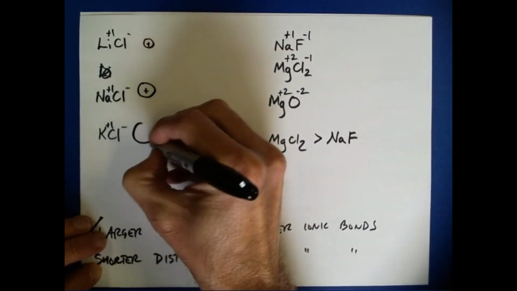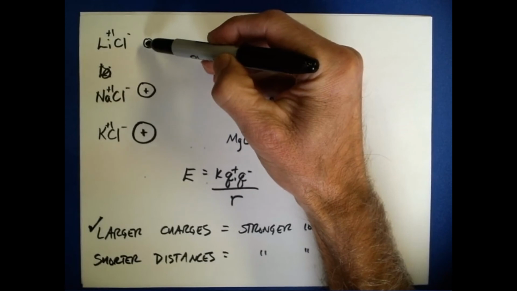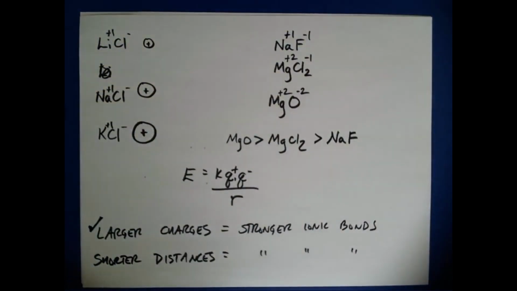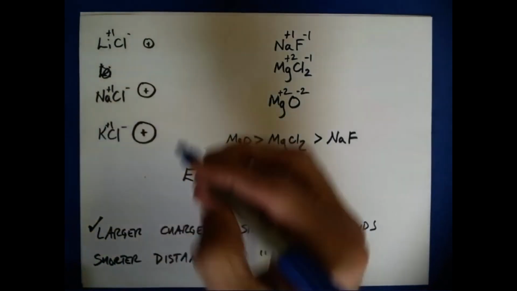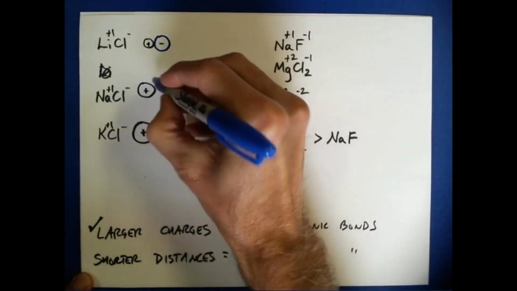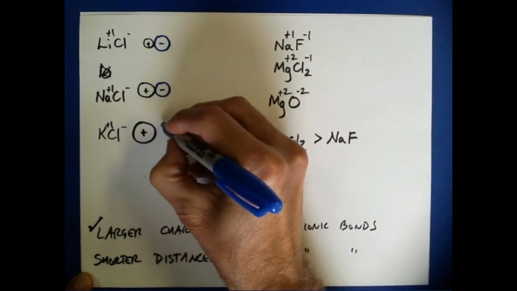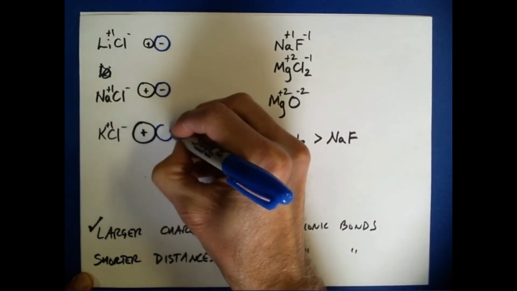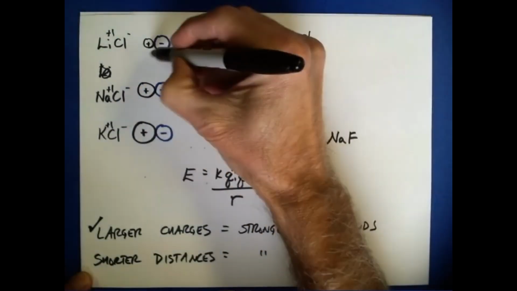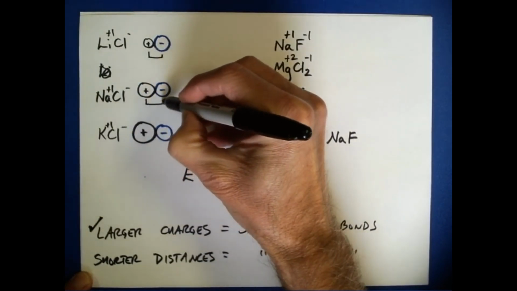So what I'm doing here is I'm drawing the relative sizes between a lithium cation, a sodium cation, and a potassium cation. And in all these cases, your chloride ions, that's going to be about the same size. So I'm going to try to draw an anion here that's roughly the same size in each case.